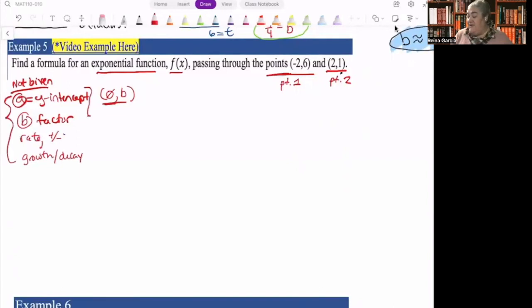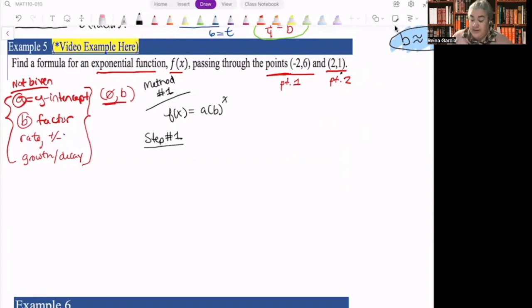But we do not have to feel overwhelmed by what we don't know because we can use what we do know. Here's how you can use it in method number 1. So in method number 1, if they ask you to find the function, we start by writing the standard function. The standard function is f of x equals a times b to the x, right? And step 1 is that you're going to sub the first point into this equation.